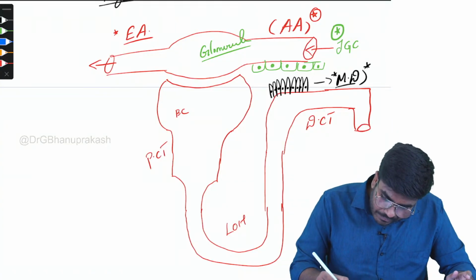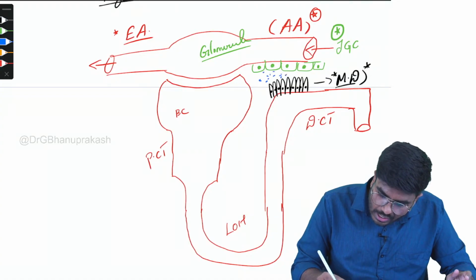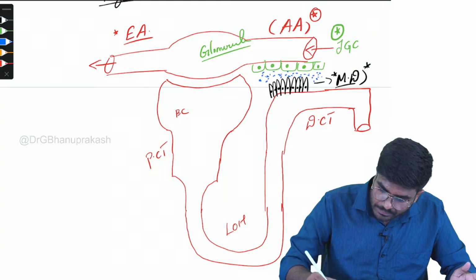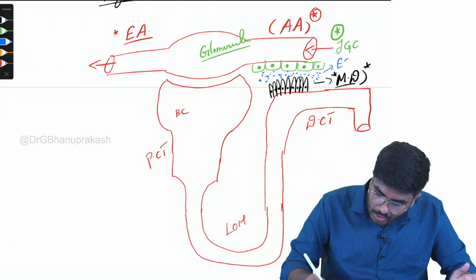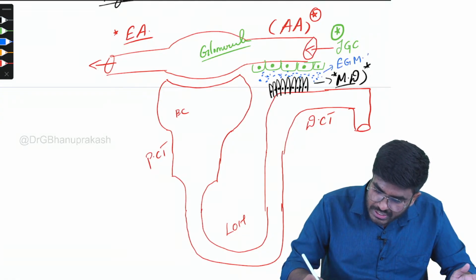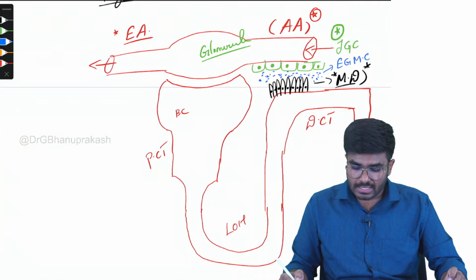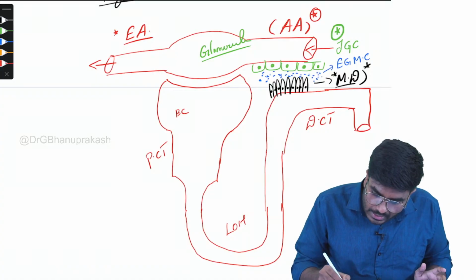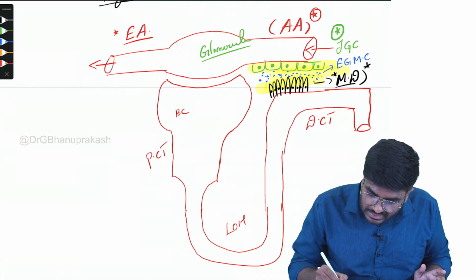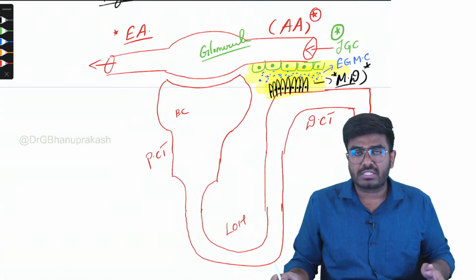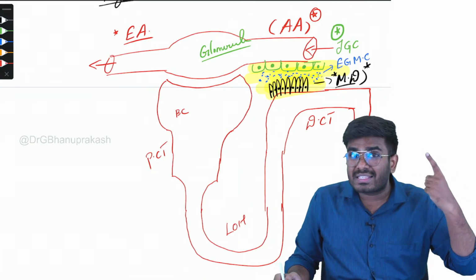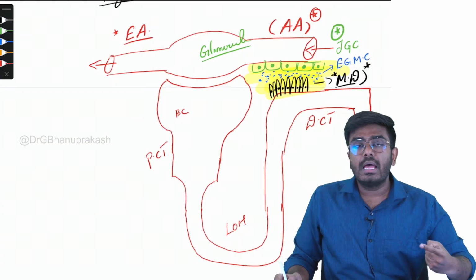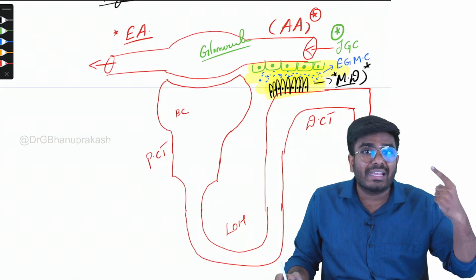Now along with them, there are few more cells whose function is not properly known. These are the extraglomerular mesangial cells. Now important point, what I am trying to put into your mind here. See, a combination of these three structures, juxtaglomerular cells, extraglomerular mesangial cells, along with macula densa.